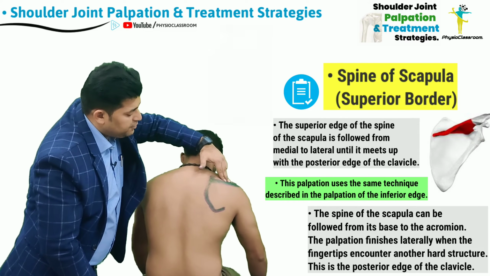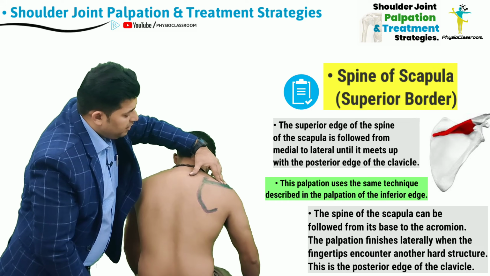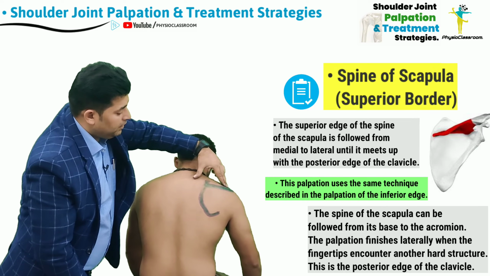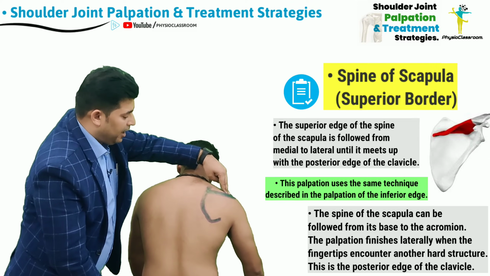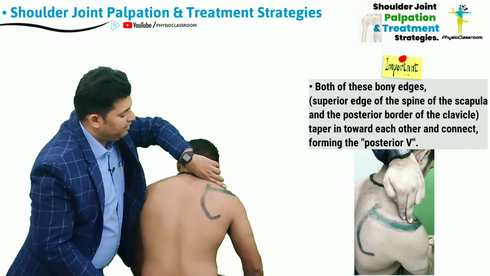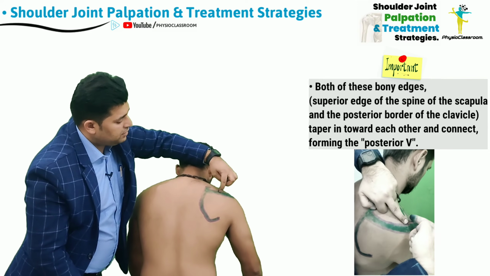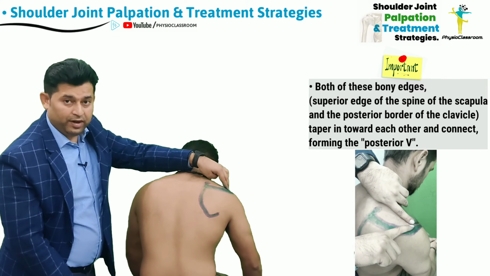As the therapist keeps on palpating, the therapist feels that at one point the fingers are contacting two bony landmarks. This is the point where the posterior border of the clavicle and the superior margin of the spine of the scapula are converging towards one another.